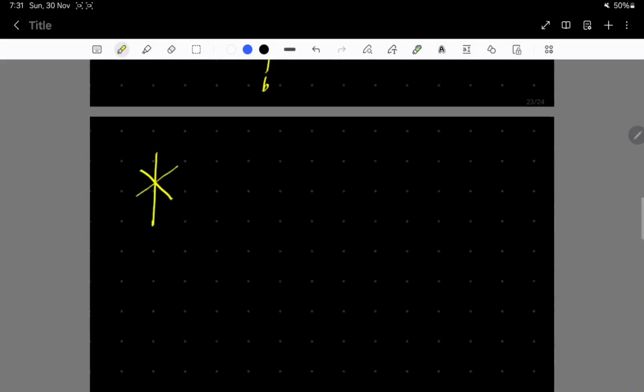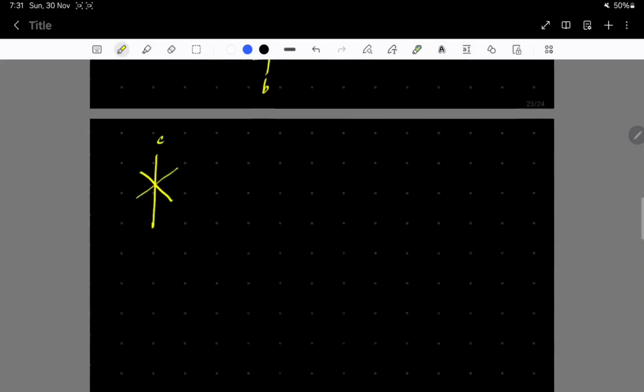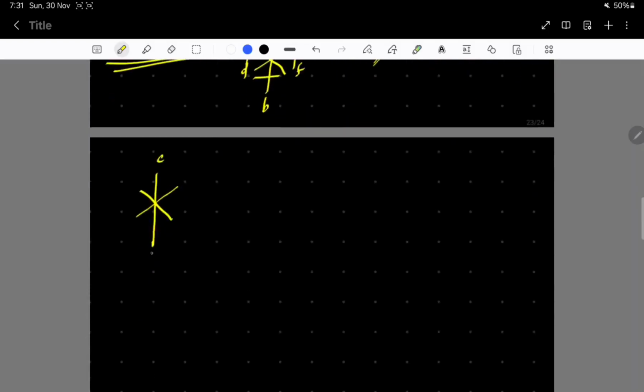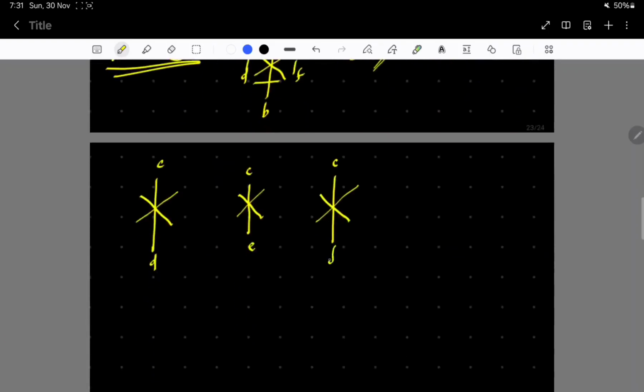Now the combinations here I am writing: C2D, and one more combination you can check. One more combination, that is C2D, C2E, and one more combination here I can write, that will be C2F.